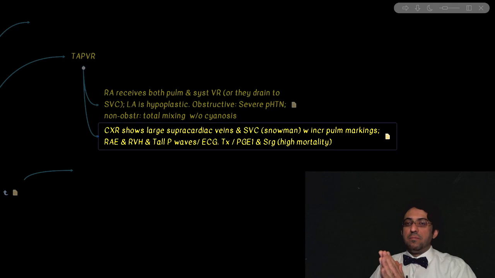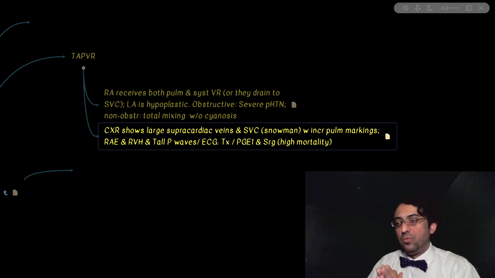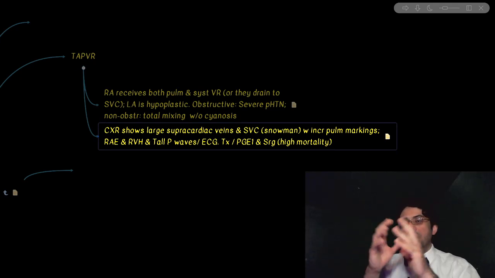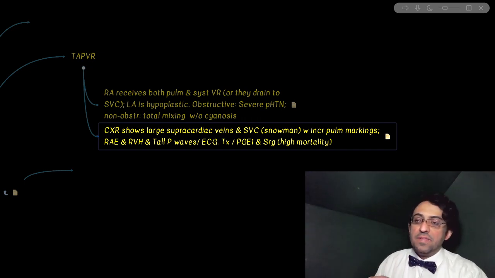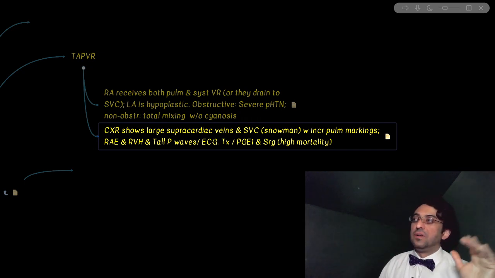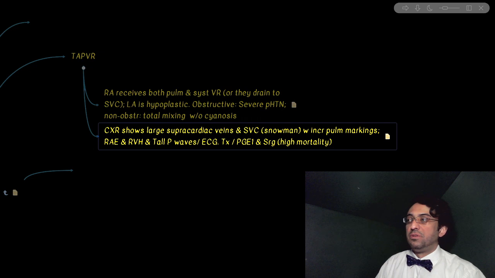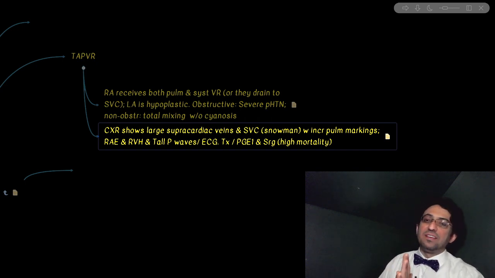Now, I mentioned that we have sometimes just one word that can help us diagnose these cyanotic conditions. That one word in chest x-ray of total anomalous pulmonary venous return is snowman appearance or figure of 8 appearance. And what is it exactly?